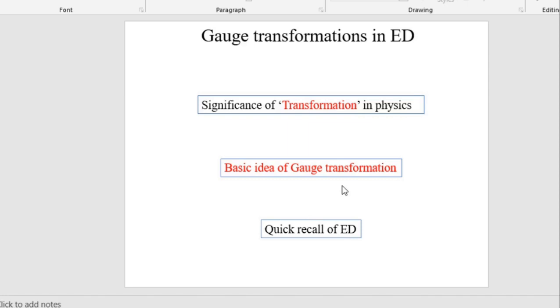Now, we have already seen that these gauge transformations are some kind of transformation of electromagnetic potentials. Therefore we must start with these electromagnetic potentials.